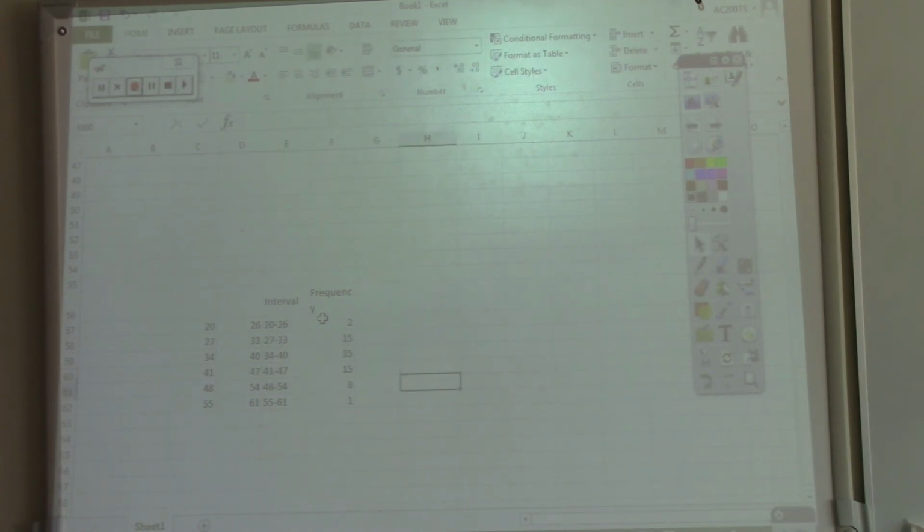All right, we got frequency, that's F. We need to find the N. So how do we find the N? Add all frequencies together. Add them up.